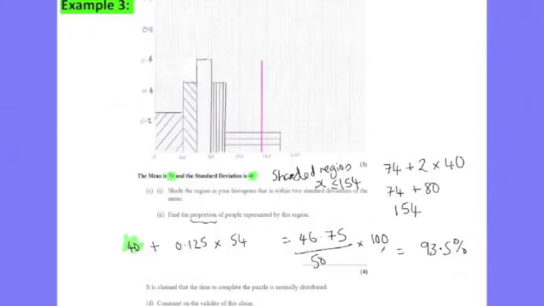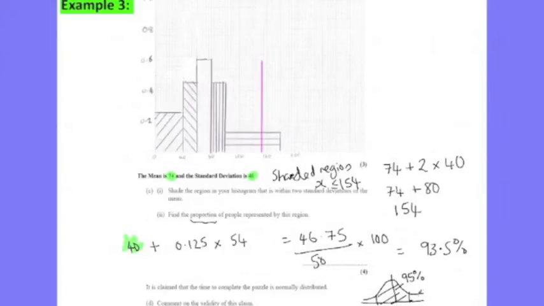It is then claimed that the time to complete the puzzle is normally distributed. This here is the test for normal distribution. Our bell-shaped curve is here. We have our mean in the middle, and we have 2 standard deviations above and below. This part here must equal 95% of the distribution.